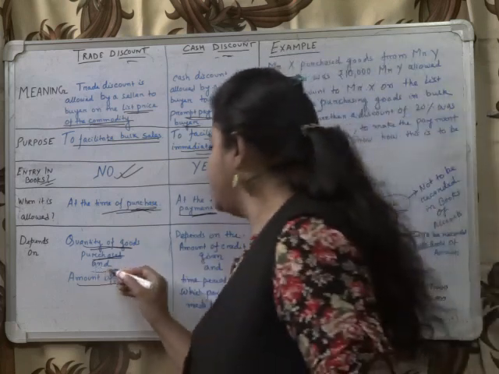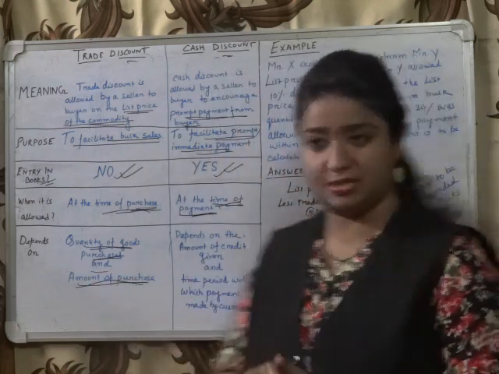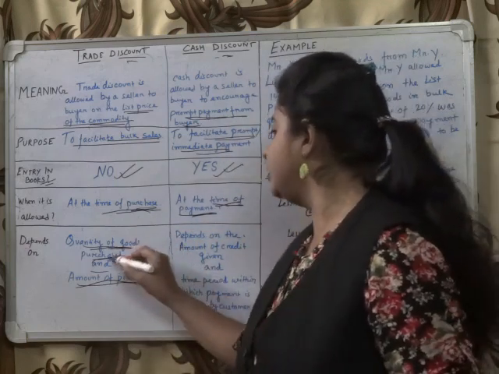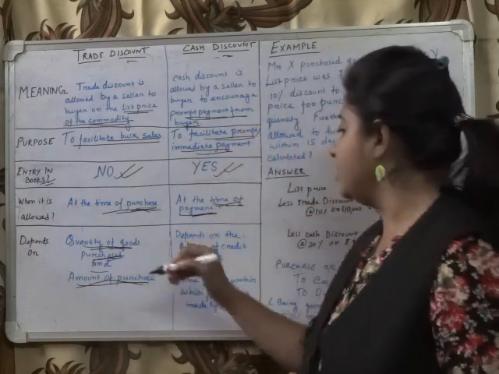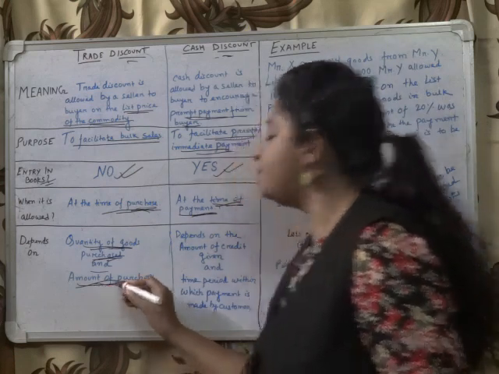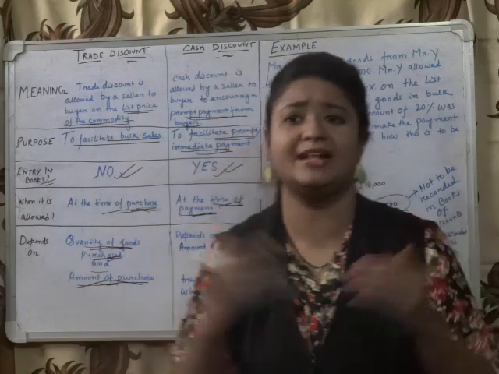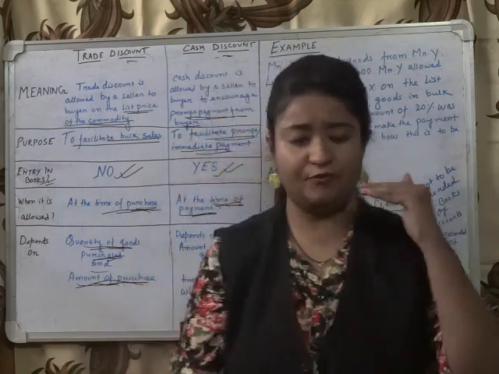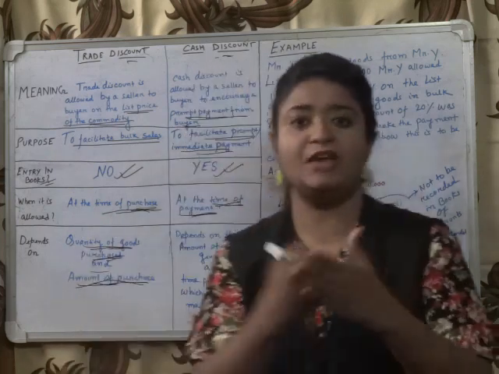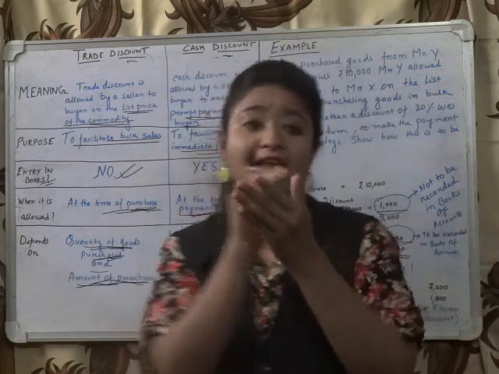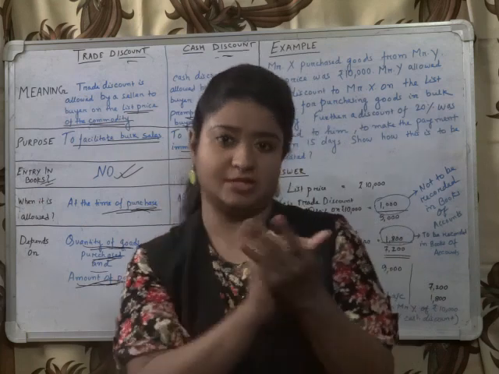Now, it will also depend upon the amount of purchase. It can be from the viewpoint of quantity of goods purchased, and it can also be from the viewpoint of the total amount of purchase. For example, the wholesaler says to the retailer, if you purchase goods worth 1 lakh rupees from me, I will provide you 10% discount.